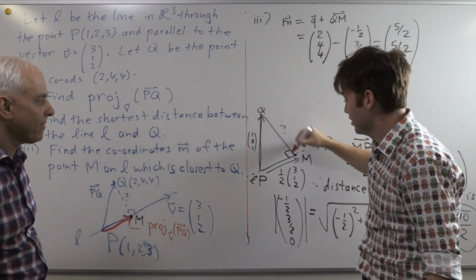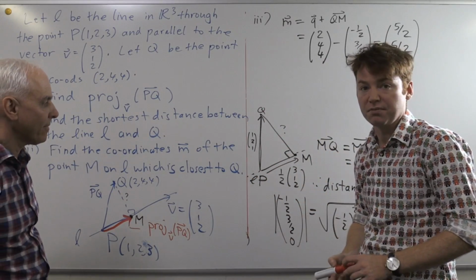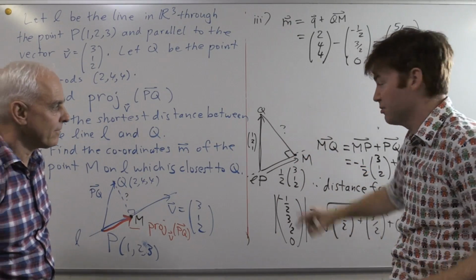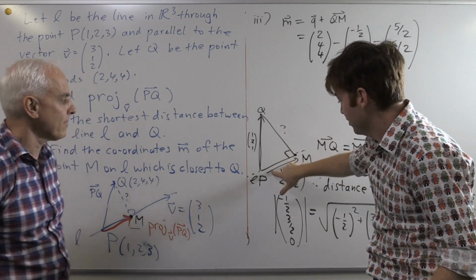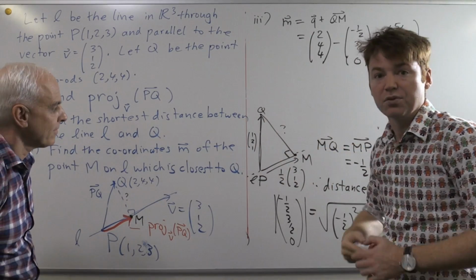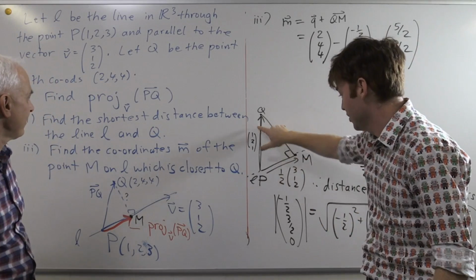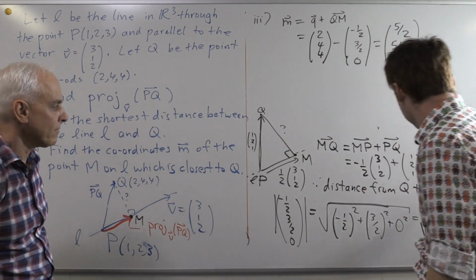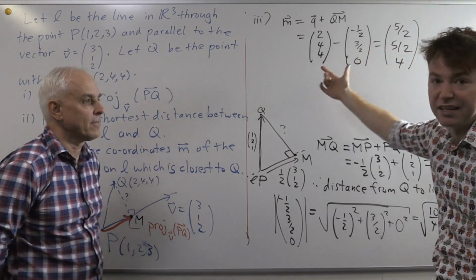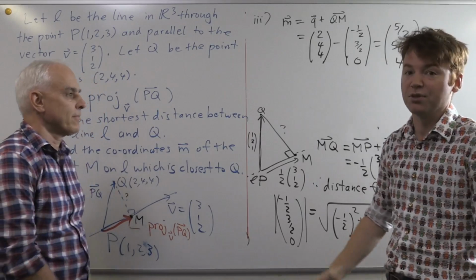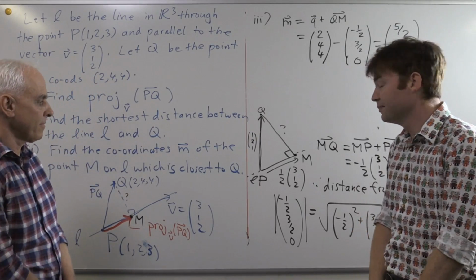And you can compute this length here just using Pythagoras' theorem. So that's a nice way to check that you've got the right answer: compute that length there and that length there, and do your subtraction. So this squared minus this squared should be equal to that squared. But again, I prefer this method, especially if you're asked to find M as part 3 in the question. This method involves you essentially doing part 3 as well.